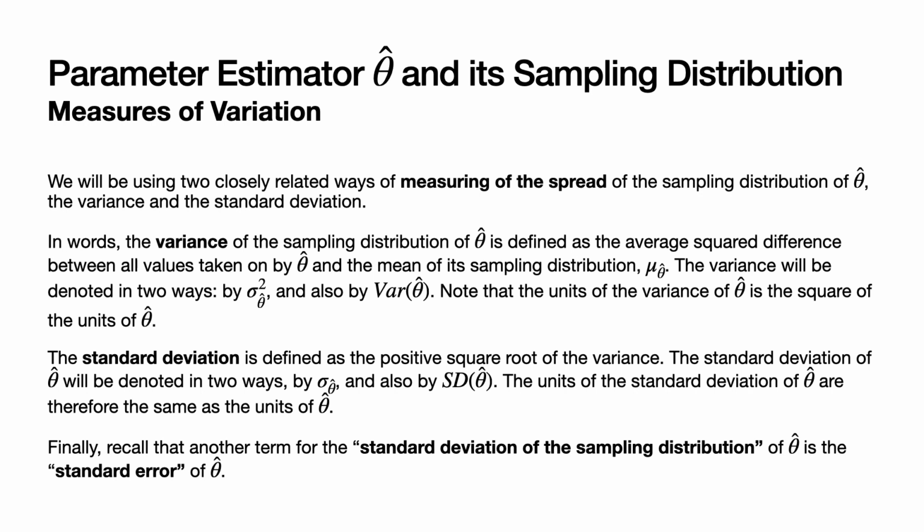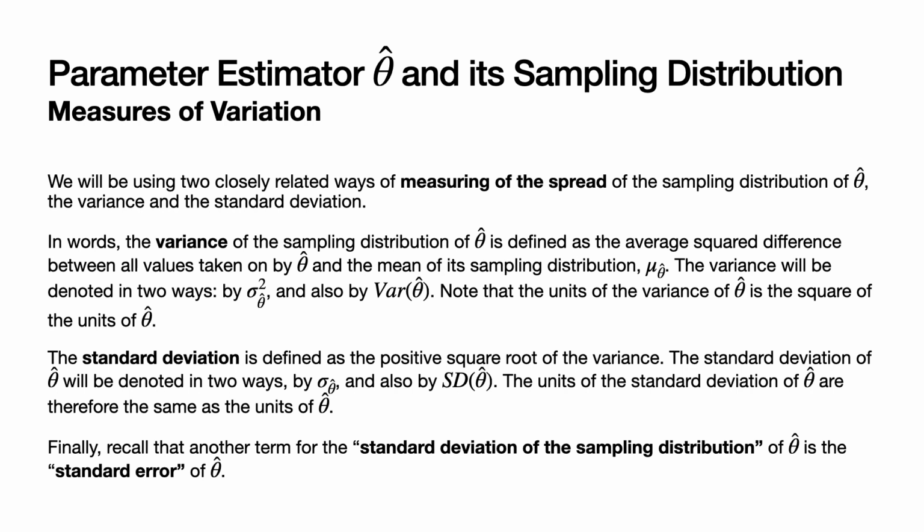The variance will be denoted in two ways, by sigma squared sub theta hat and also using the VAR notation with the estimator theta hat in parentheses. Note that the units of the variance of theta hat is the square of the units of the estimator theta hat.